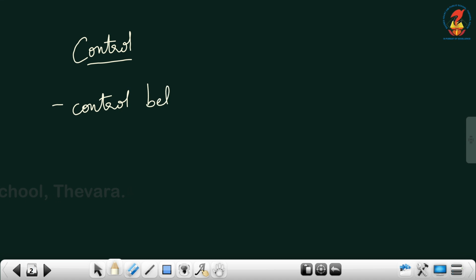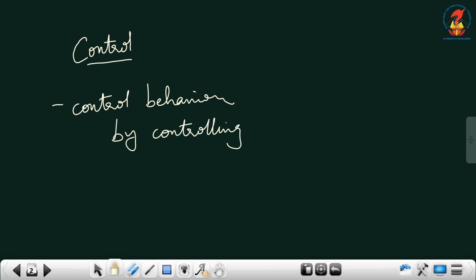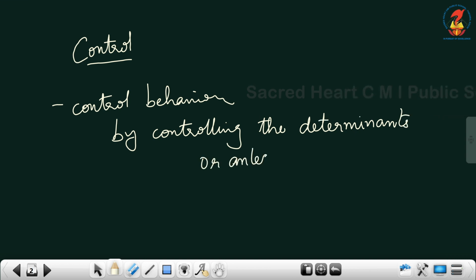Control behavior by controlling the determinants or antecedent factors.